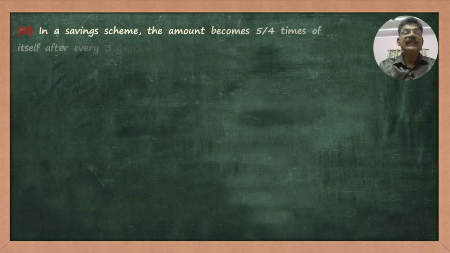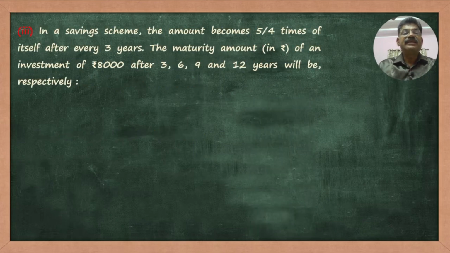Okay. Now let us see the third example. In a savings scheme, the amount becomes 5/4 times of itself after every 3 years. The maturity amount in rupees of an investment of rupees 8,000 after the 3rd year, 6th year, 9th year and so on will be respectively 10,000, 12,500, 15,625 and so on.